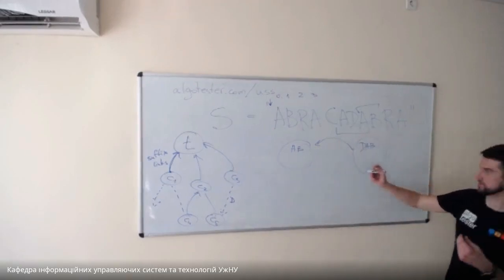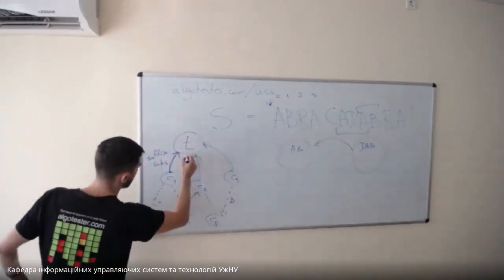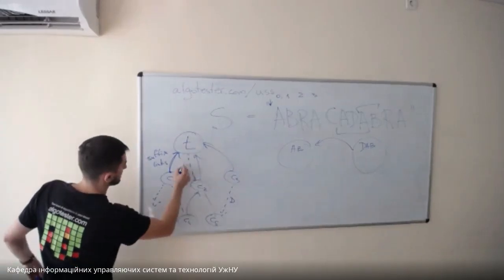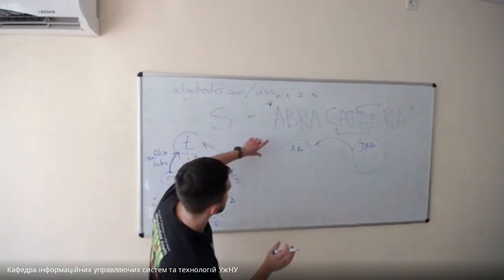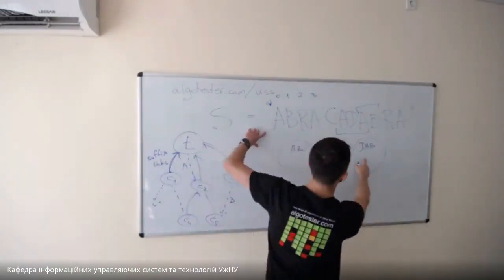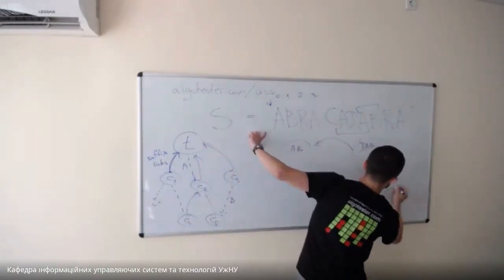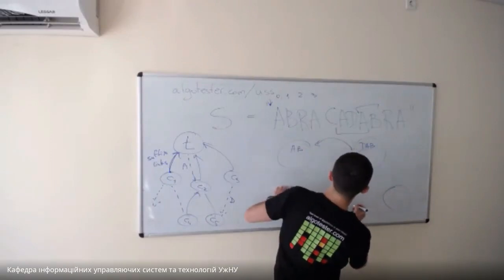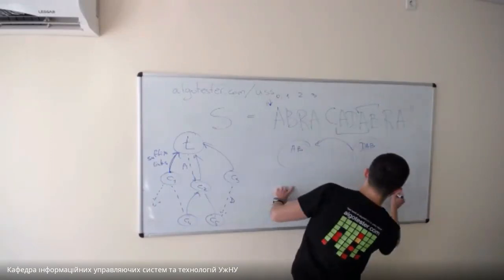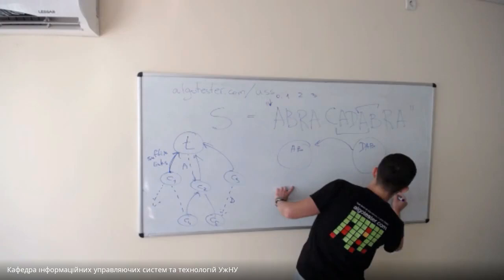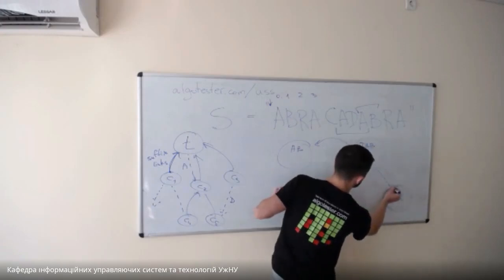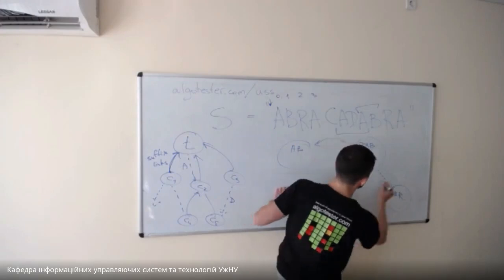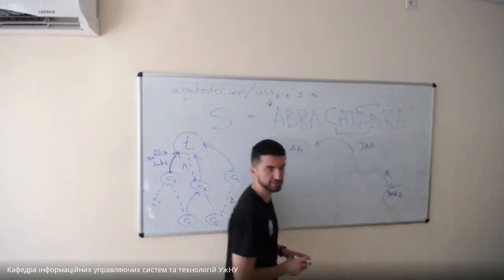So if you have DAB, there will be a class of equivalence which contains DAB and R. So there is this type of transition with letter R on it.